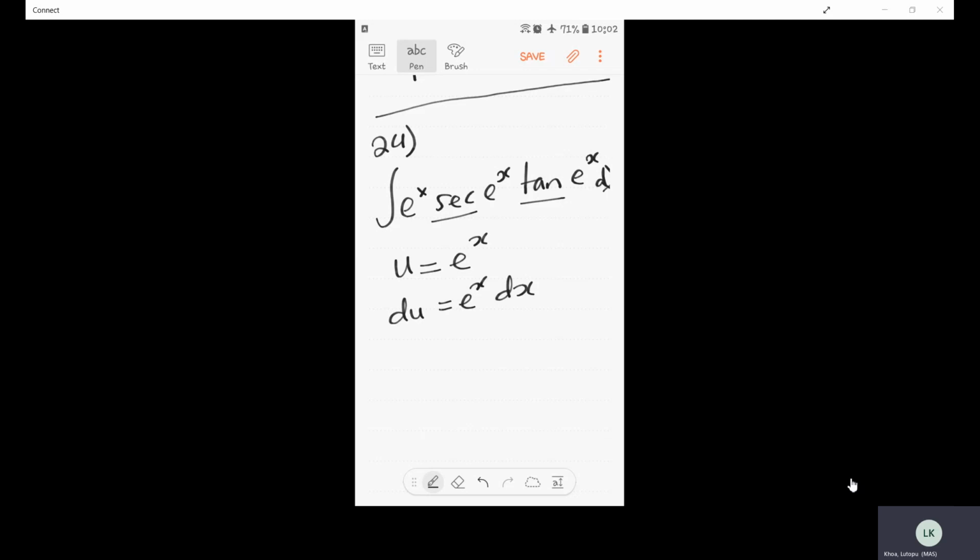All right, and then from here we just substitute because we have the e to the power of x dx there already. So this is the integral of sec u tan u du.